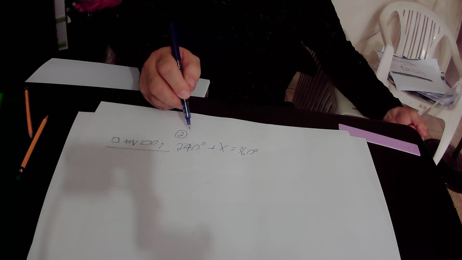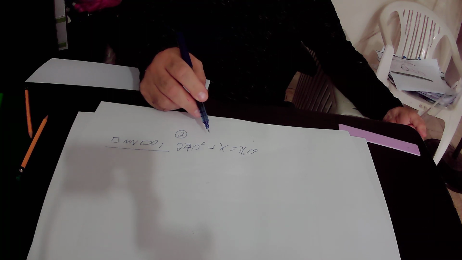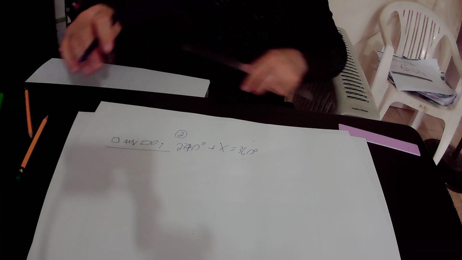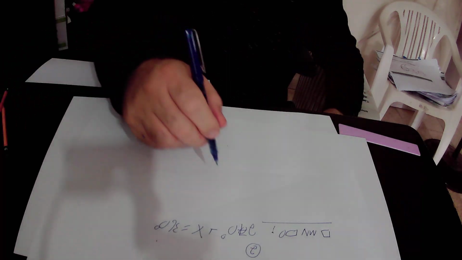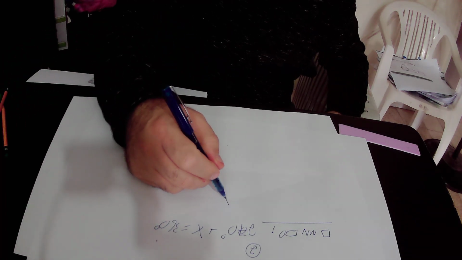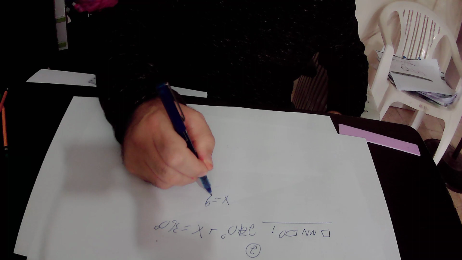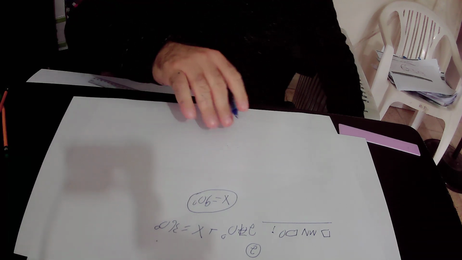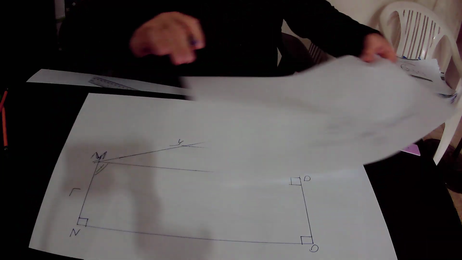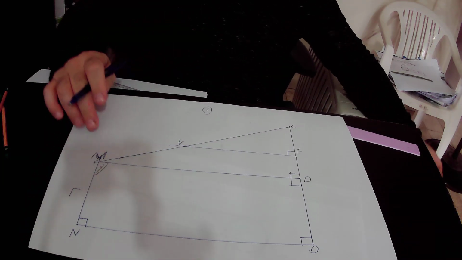Here we subtract 270 degrees from this equality, and we get that angle X equals 360 degrees minus 270 degrees, which is 90 degrees. So we found that angle X equals 90 degrees. So this angle is a right angle.